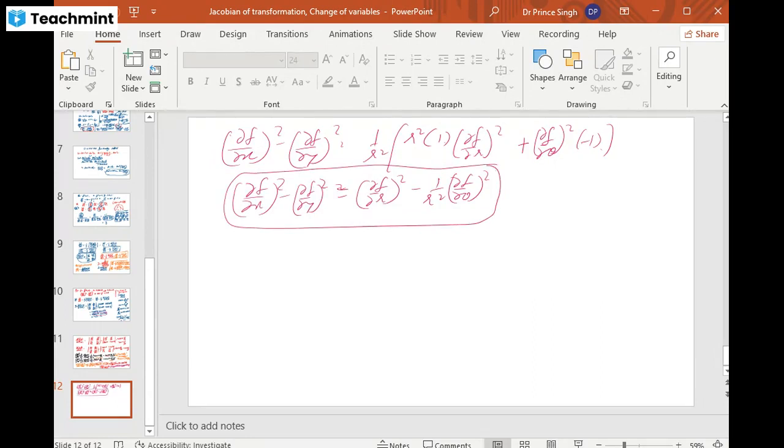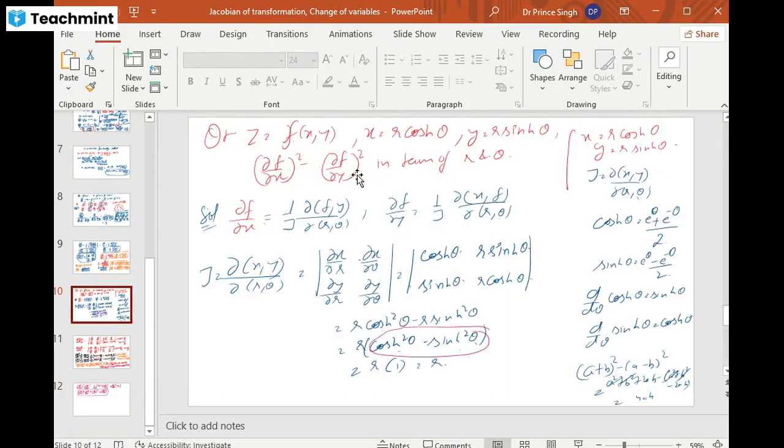So here we have discussed the case where f is a function of x and y, which are functions of r and θ, and we want to express ∂f/∂x and ∂f/∂y in terms of r and θ. Then we can use the concept of change of variable, and hence we come up with a solution.